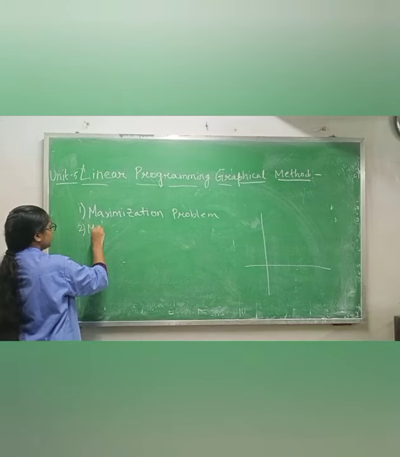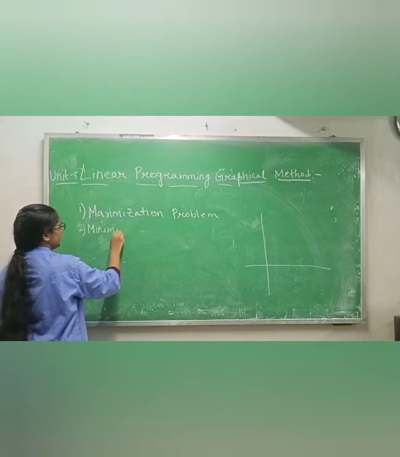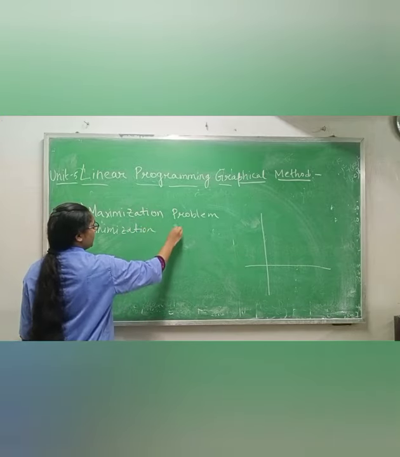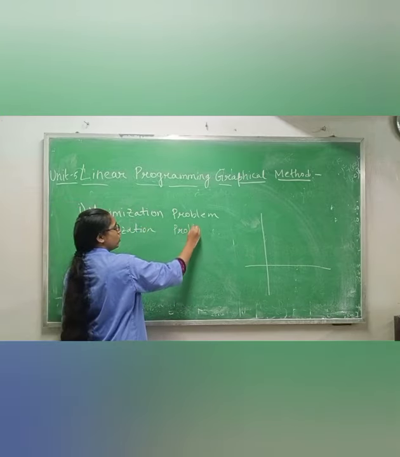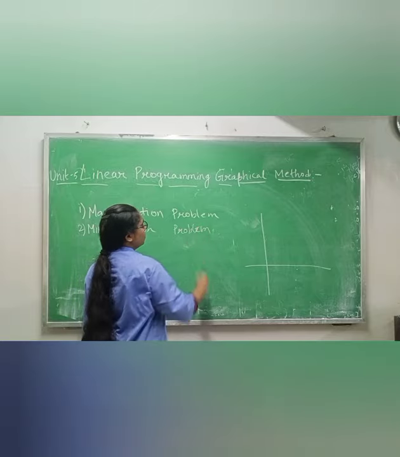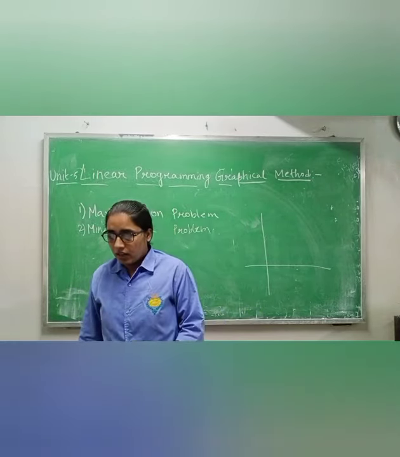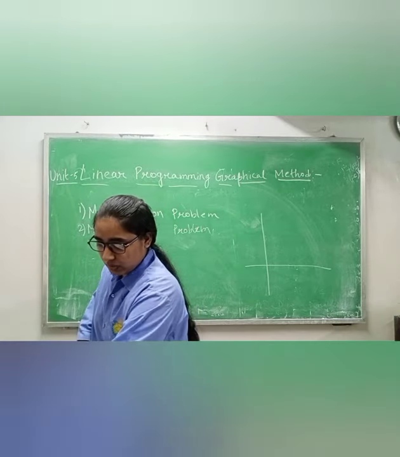If you do these two properly, you will get at least one question in your board exam. It is very easy, you can do it very easily. Now I am going to do the questions one by one.